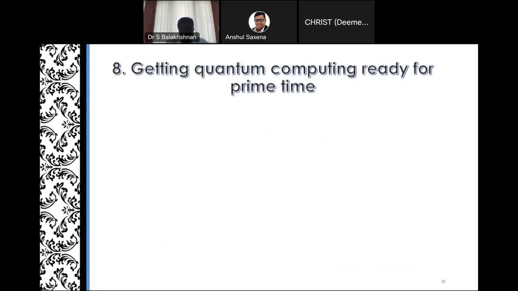And next, how are we getting quantum computing ready for prime time? Many large computer companies are investing billions of dollars into building quantum computers.